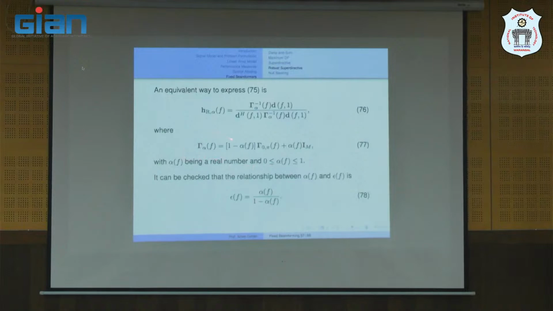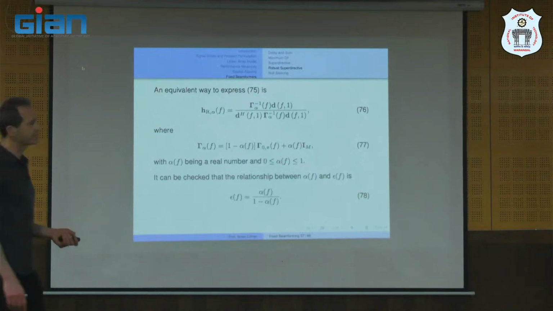We can do some regularization like this. So instead of gamma 0 pi plus epsilon I, we can take 1 minus alpha times this plus alpha times this, which is similar, but it enables us to use alpha between 0 and 1.